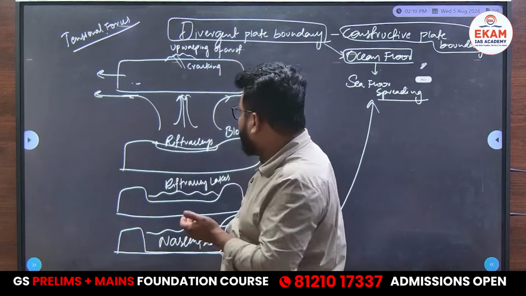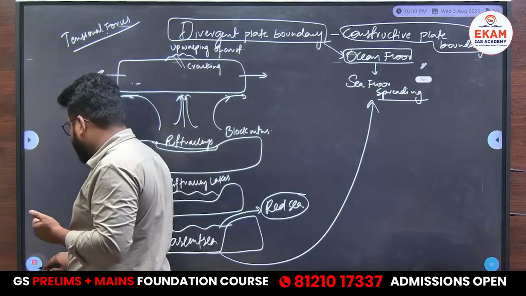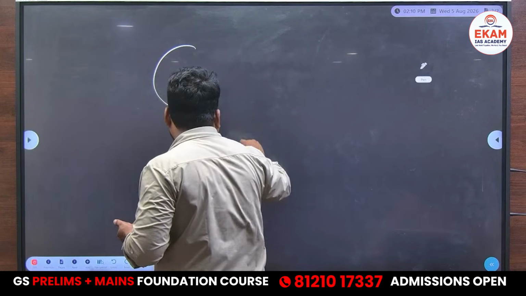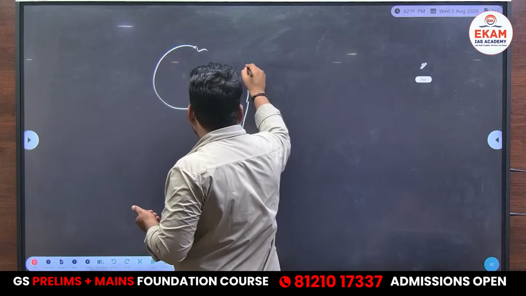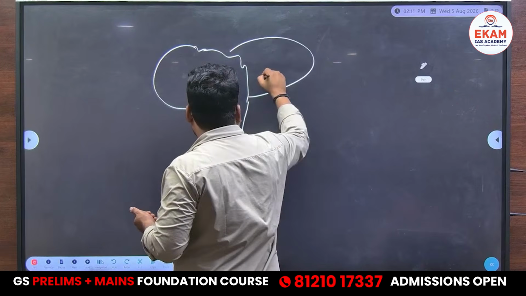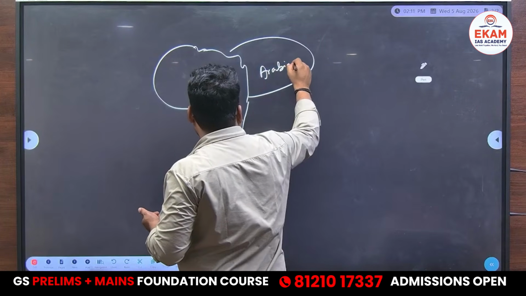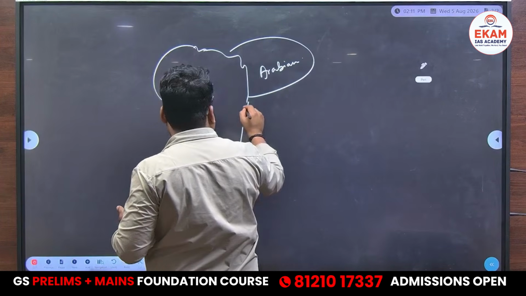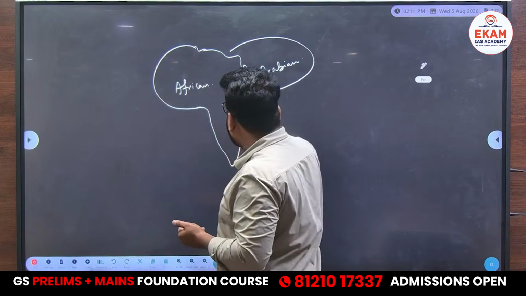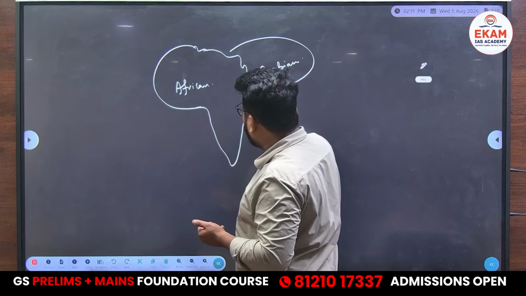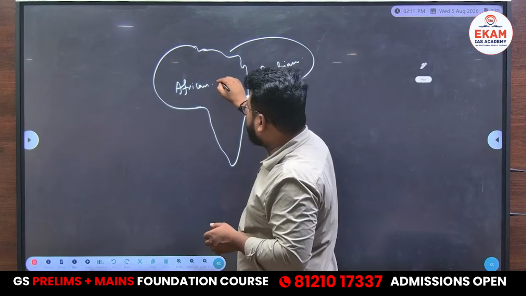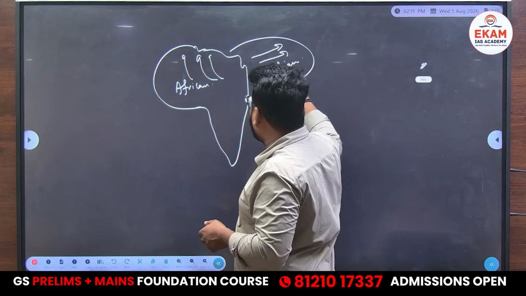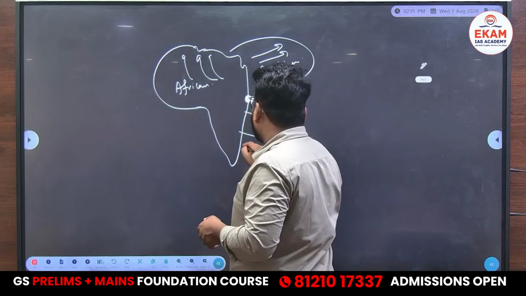So, sir, do we have any examples of this? Yes, I'll share the example with you. African plate, Arabian plate, yes or no? This is African plate. Here we have Somalia. So here, in between these three plates, divergence occurred, where African plate moved this side, Arabian plate moved this side, Somali plate moved this side.